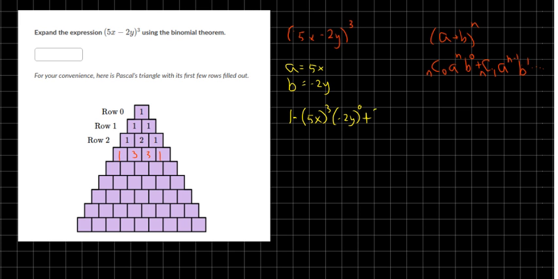Then I'm going to add 3 times 5x squared times negative 2y to the 1 power. And then I'm going to add 3 times 5x to the power of 1 times negative 2y to the power of 2, and then I'm going to add 1 times 5x to the 0 power times negative 2y to the 3rd power.